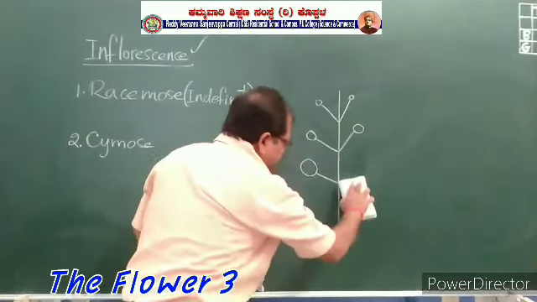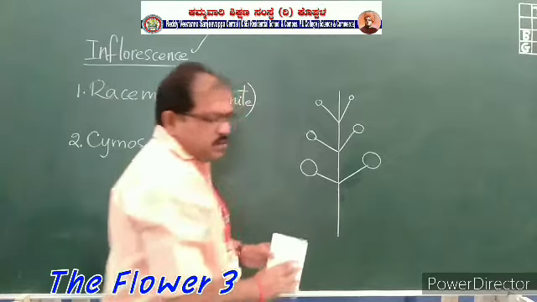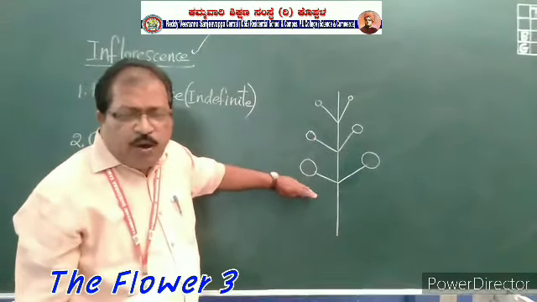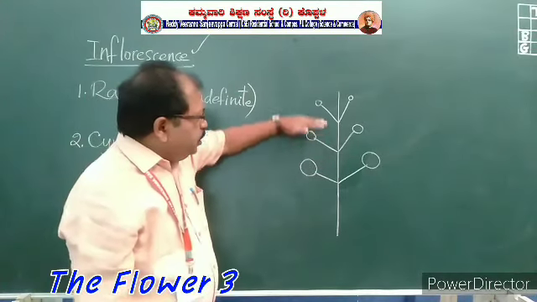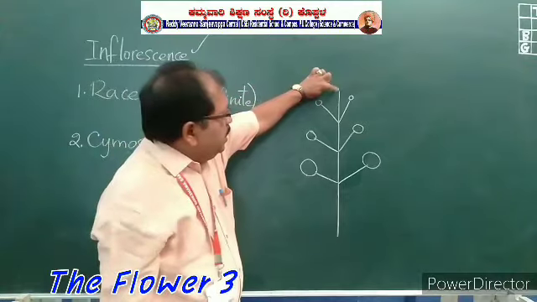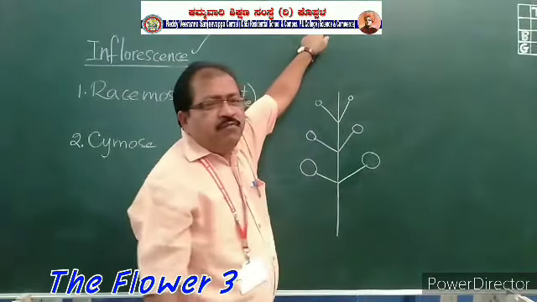Let me draw properly. The older flowers are big in size and are present at the lower part of the stem, and the newly formed flowers grow upwards. The shoot apex of the plant will grow indefinitely.